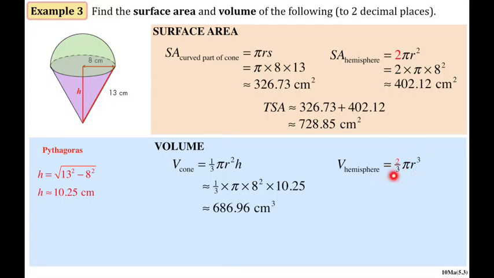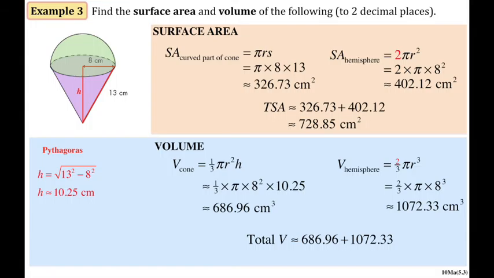So the volume of a hemisphere is 2/3 of pi r cubed. And I know the radius is 8, so it's 2/3 times pi times 8 cubed. Put that into the calculator, and the answer is a bit over 1,000.